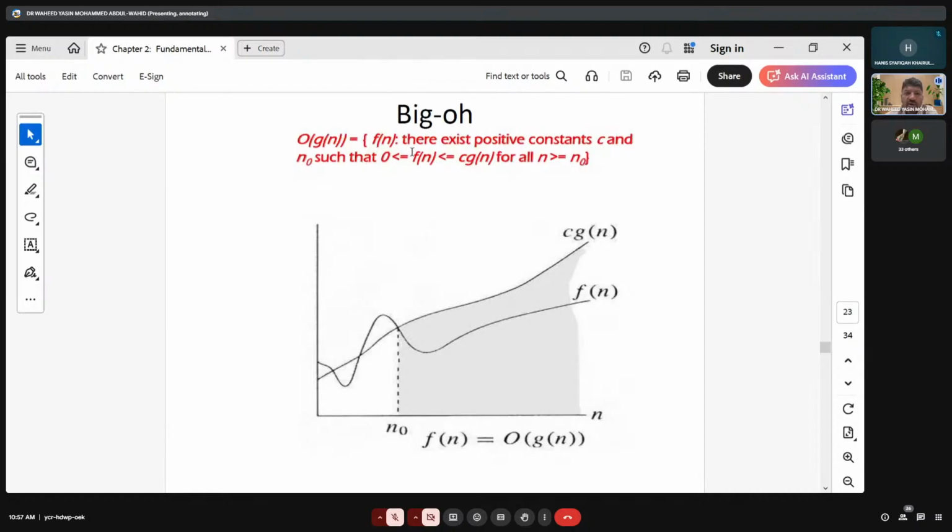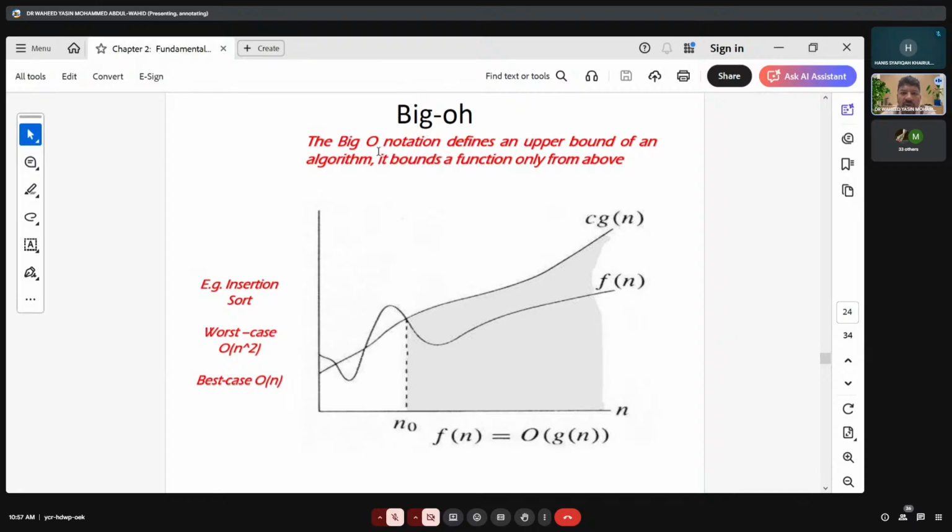So here O(g(n)): f(n), there exist positive constants c and n0 such that 0 is less than or equal to f(n) is less than or equal to c·g(n), for n greater than n0.